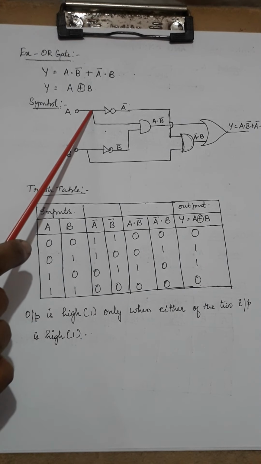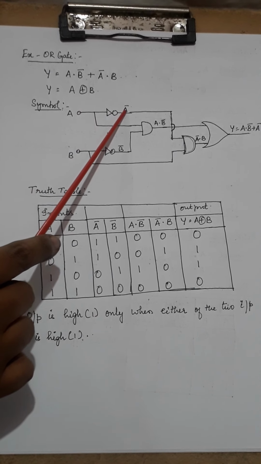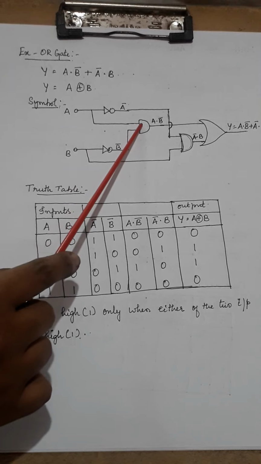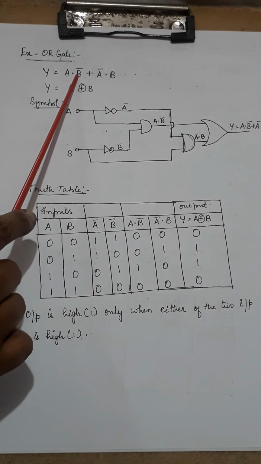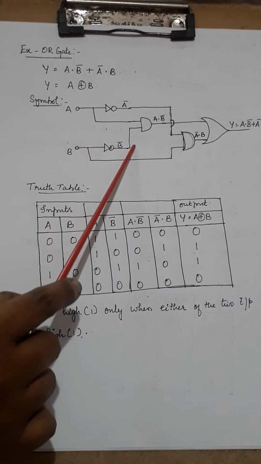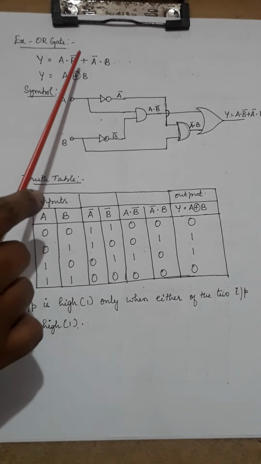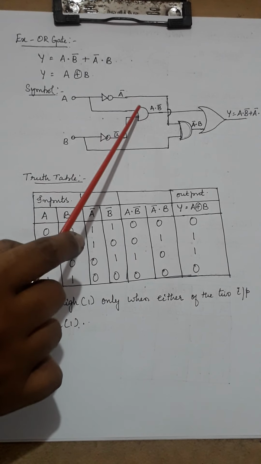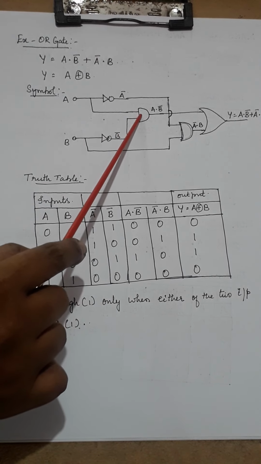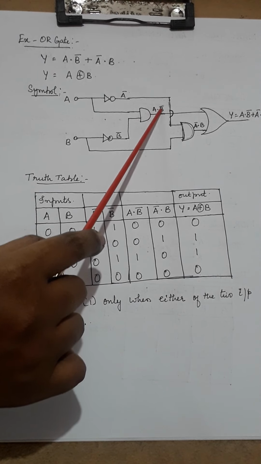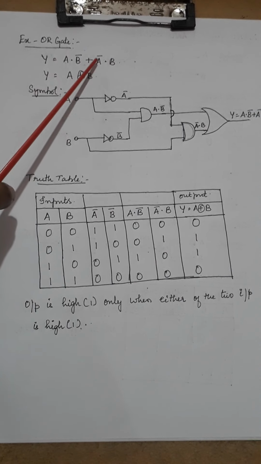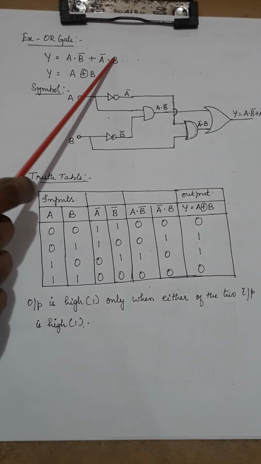So from A, where it is not getting complemented, I have taken an input. But the next one is B complement. Then both are combined using an AND gate, and I have got A dot B complement.